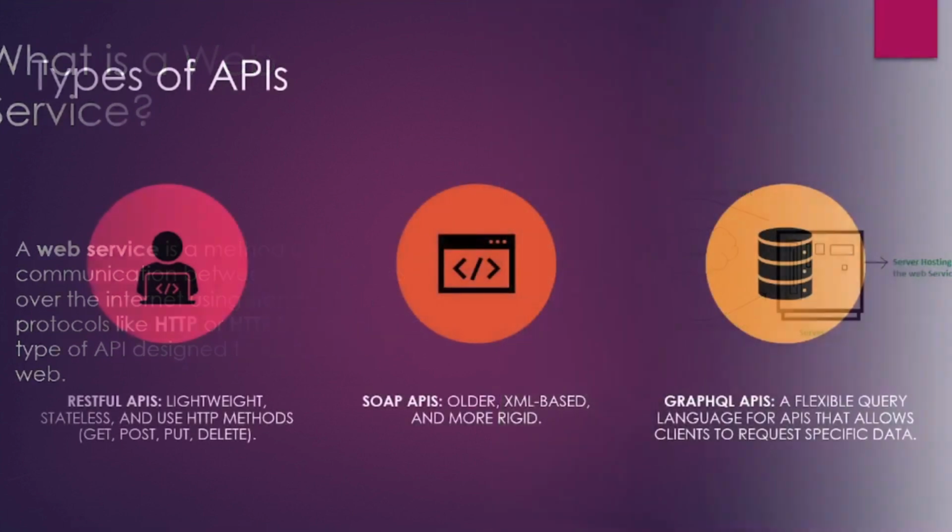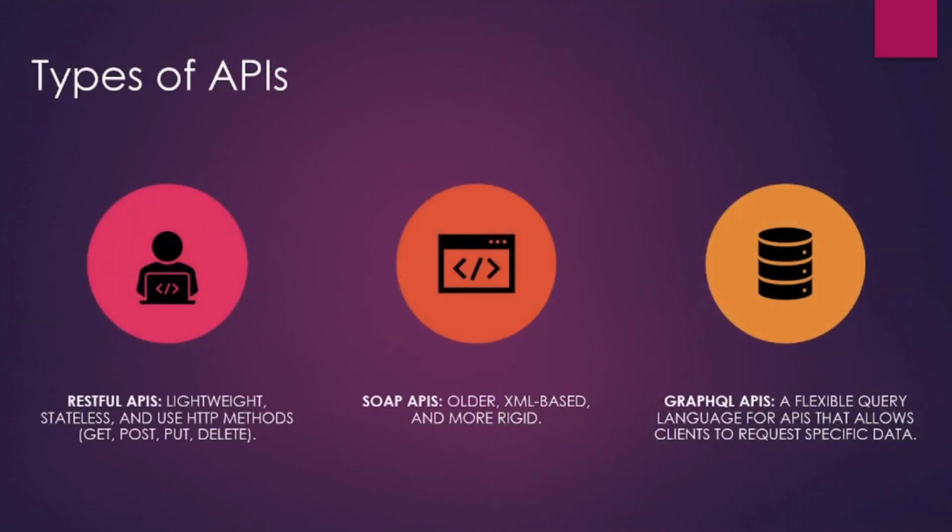So next comes the types of APIs. So APIs have several types. The most commonly used types are the RESTful APIs, which are lightweight, stateless, and use different HTTP methods like get, put, post, delete, and patch.